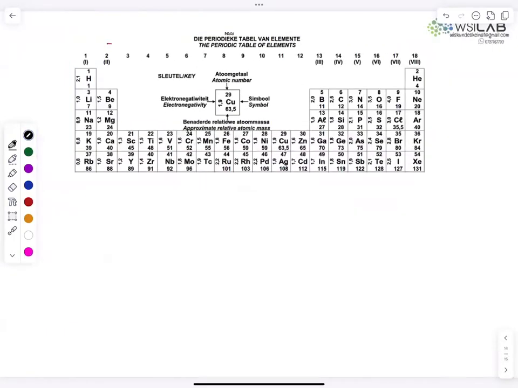Okay, now you're going to try and do the following. I want you to write a formula for, let's say, calcium bromide.